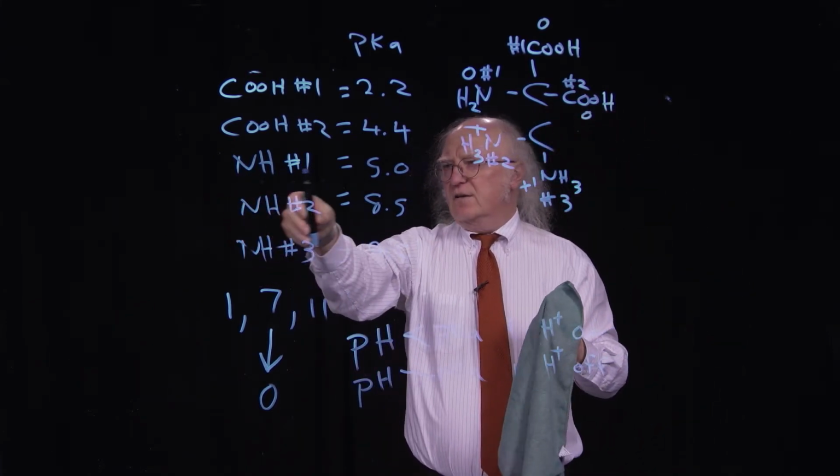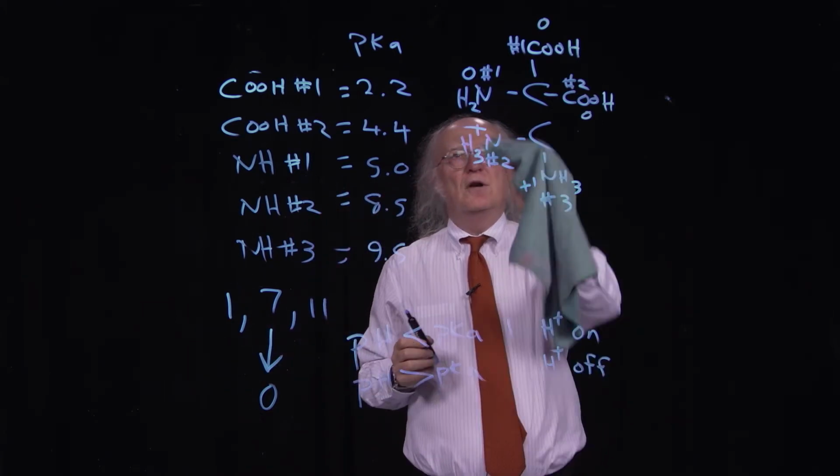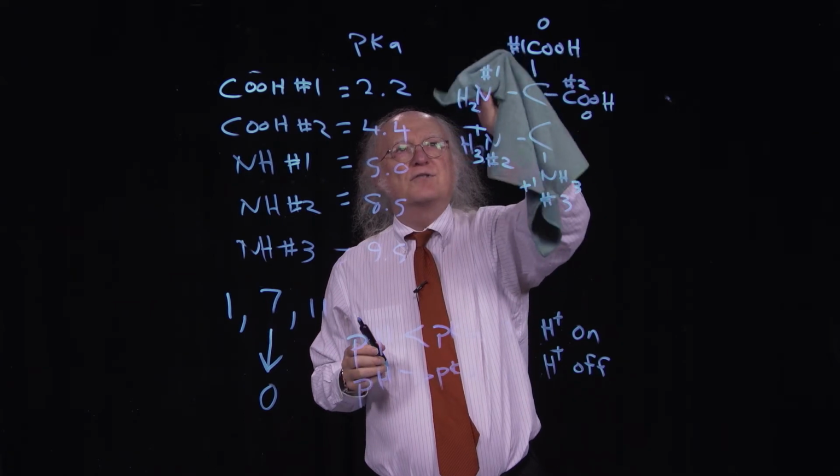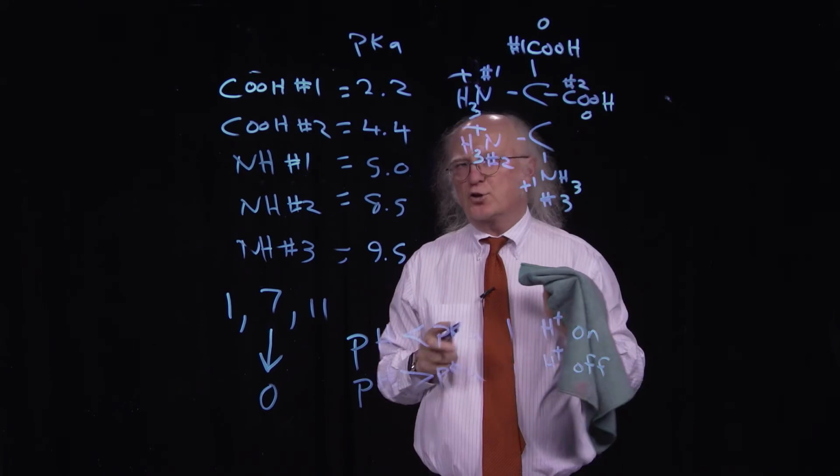If we look at the first amine group, pH is more than 1 unit below the pKa value. The first amine group will have the proton on, meaning we'll have an NH3, and we'll have a plus charge.